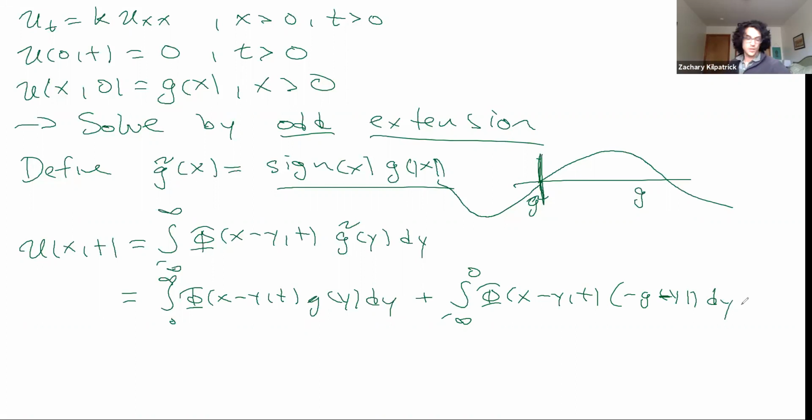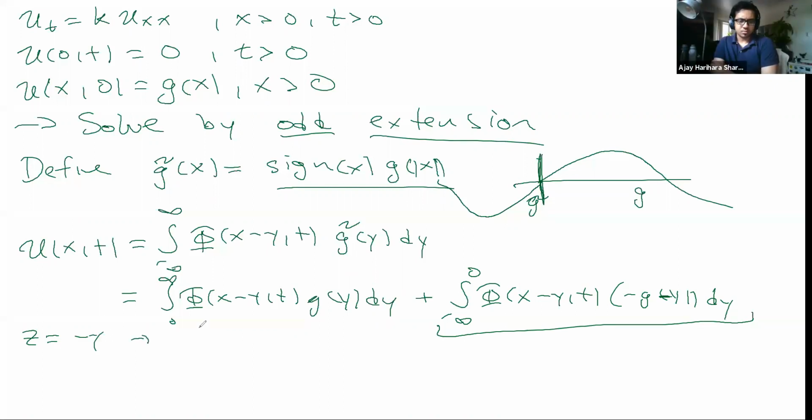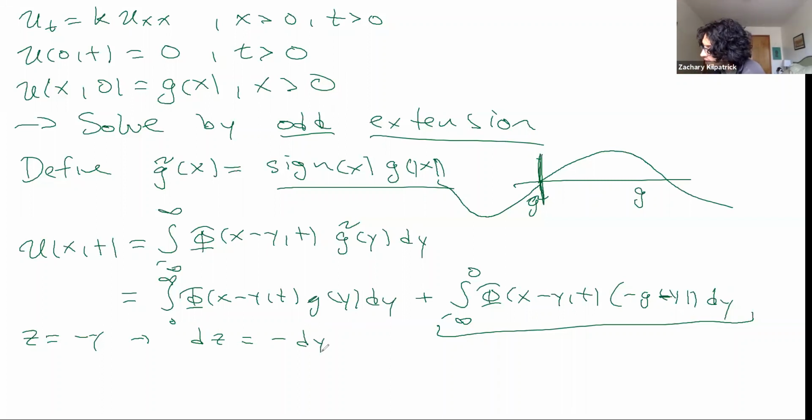So you were asking how you get from here to the next step. Well, in this integral, I just take z equal to minus y, then dz is equal to minus dy. I pull the minus sign out front.